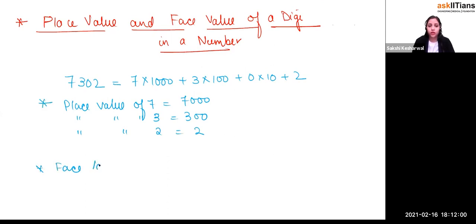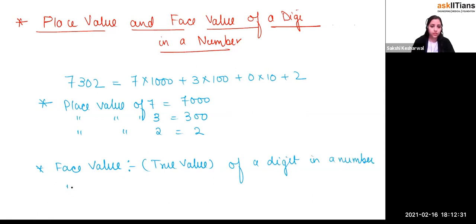Face value means you don't have to take into account on which place the digit is coming, whether it's on the 100 place or the 1000 place. You have to just see what the digit is, right? So basically we say that the face value is also known as the true value of a digit in a number.